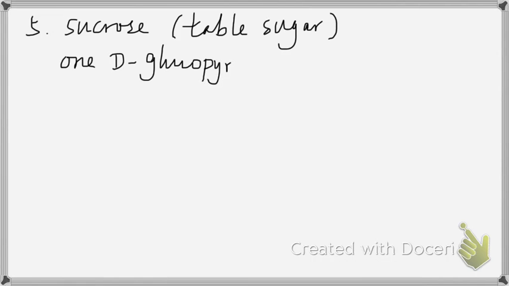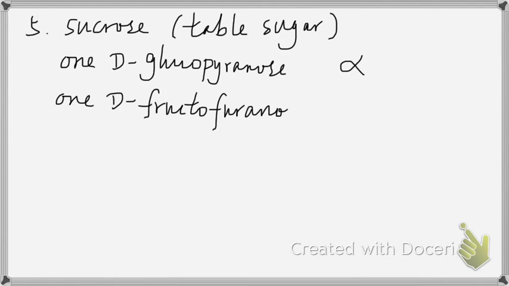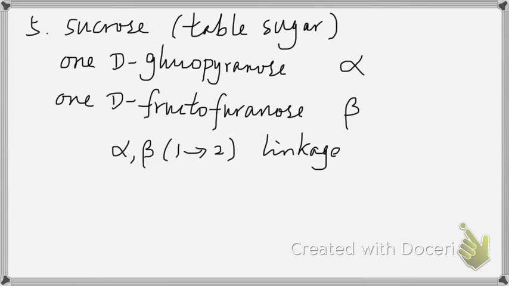The last disaccharide we will look at is sucrose, which is the table sugar. It's formed by one D-glucopyranose unit in the alpha form and one D-fructofuranose unit in the beta form. The linkage is called alpha-beta 1,2 linkage.